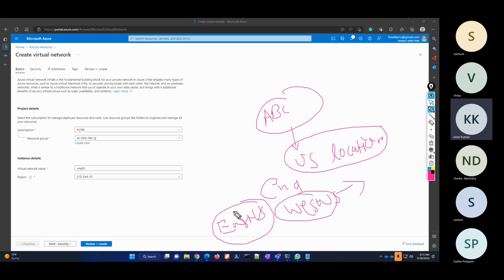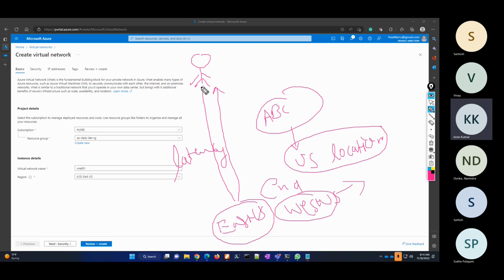That is a basic question, not relevant to Azure. What will happen? Latency. If the user is very far from the resources, the traffic has to travel and get the response back, which takes time, causing latency.